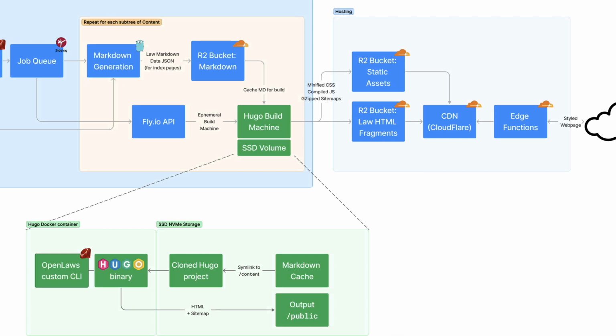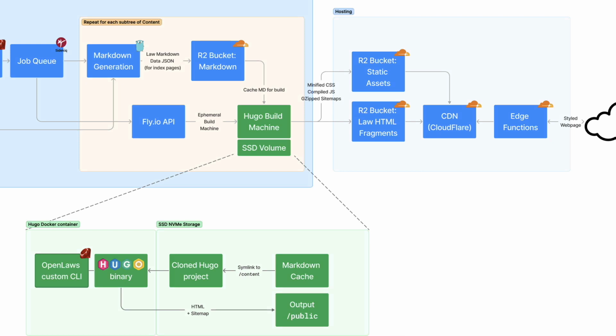And so we'll take a Docker container, spin up a pretty beefy build server, attach NVMe SSD storage to it, and then download any of the newer code that we need, as well as the markdown files that we need in order to do a build. And we'll store that to a markdown cache on the Docker container. We'll use our CLI tool in order to run the Hugo build, and that will output the HTML as well as a sitemap, which we output to a public folder, and then sync that back to another R2 bucket.